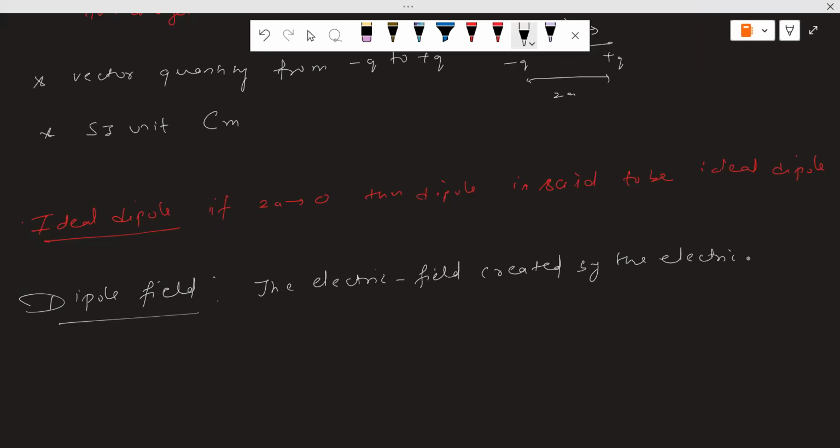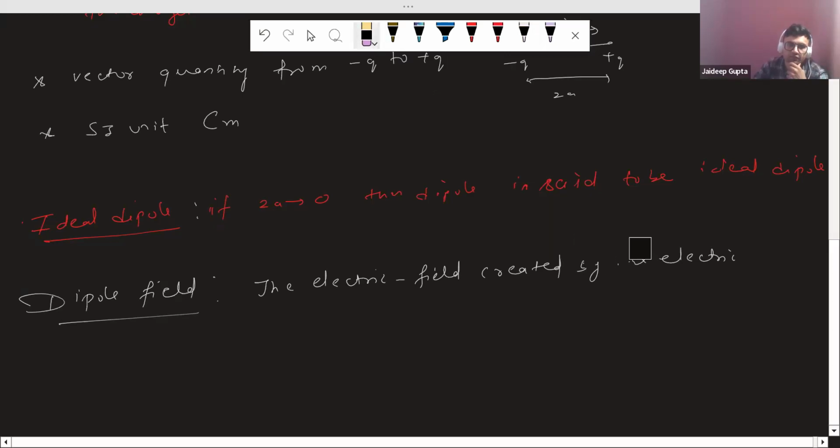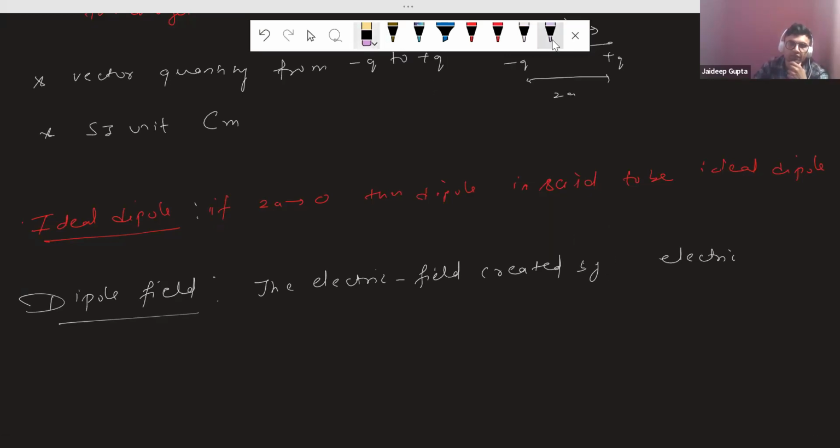Can you read the ideal dipole, please? If 2a means the separation between the charges is negligible, then the dipole is said to be the ideal dipole. Dipole field, the electric field created by an electric dipole.